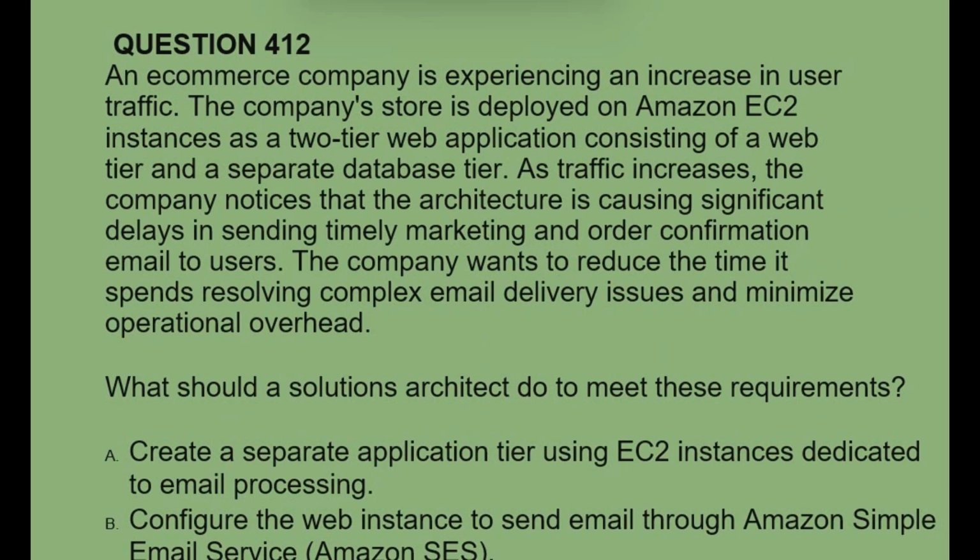As traffic increases, the company notices that the architecture is causing significant delays in sending timely marketing and order confirmation emails to users. The company wants to reduce the time it spends resolving complex email delivery issues and minimize operational overhead. What should a solutions architect do to meet these requirements?